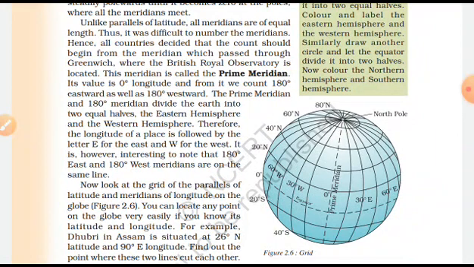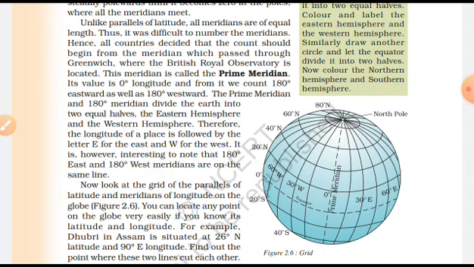Thus, it was difficult to number the meridians. Hence, all countries decided that the count should begin from the meridian which passed through Greenwich, where the British Royal Observatory is located. The meridian is called the prime meridian.